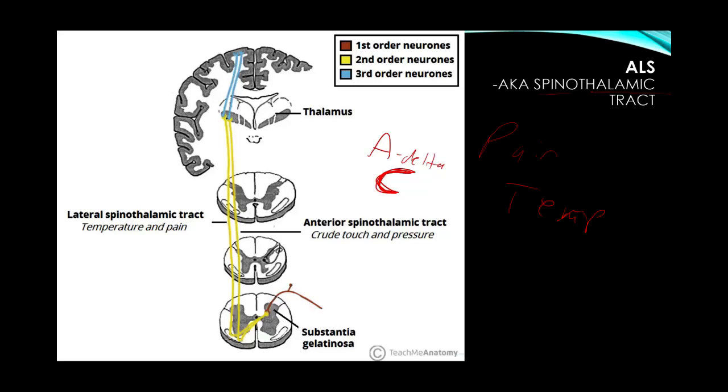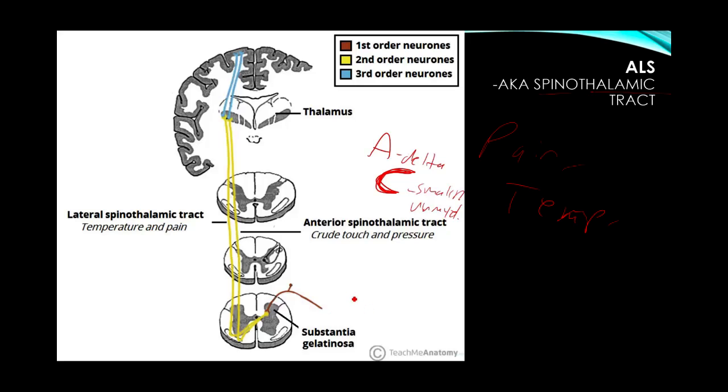So information in C fibers travels the slowest out of all the fiber types, because it's small diameter and unmyelinated. Okay, so we're talking pain and temperature. This is a little bit less straightforward than the PCML system, but it's not too bad.